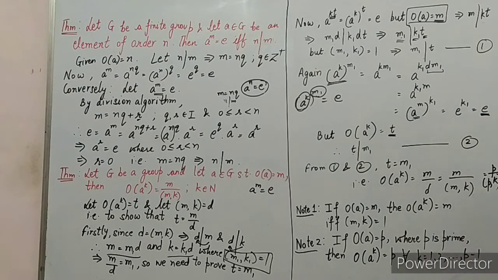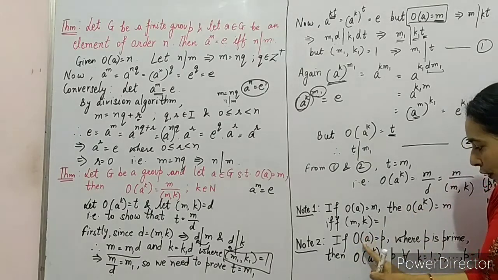Now, since p is a prime number, the GCD of a prime number with 1, 2, 3, up to p minus 1 is 1. When this is 1, GCD will be 1. When this is 2, GCD will be 1. And so on up to p minus 1, GCD will remain 1.